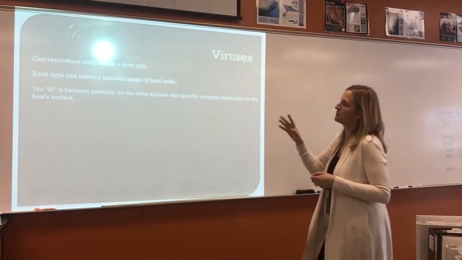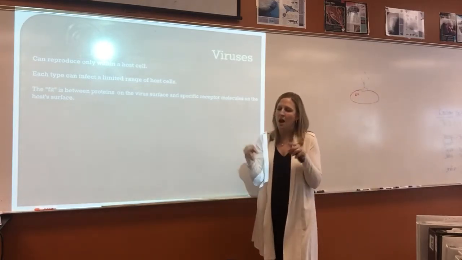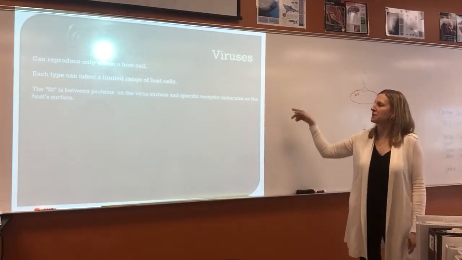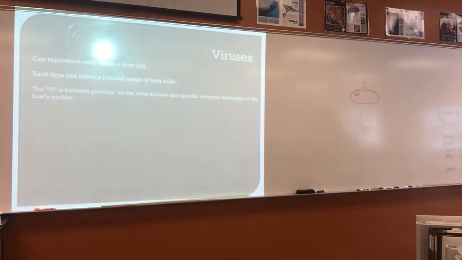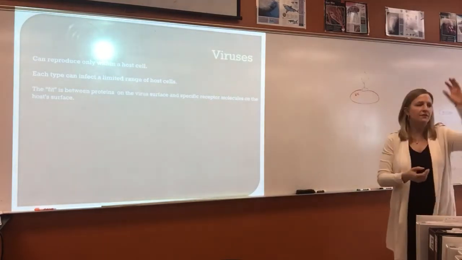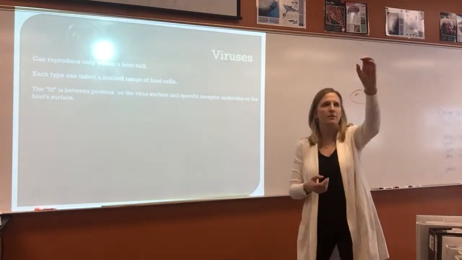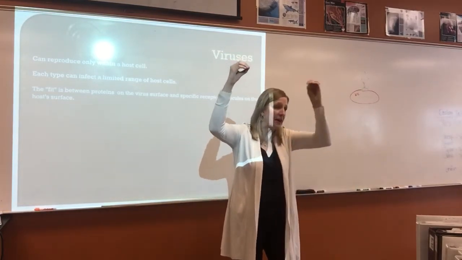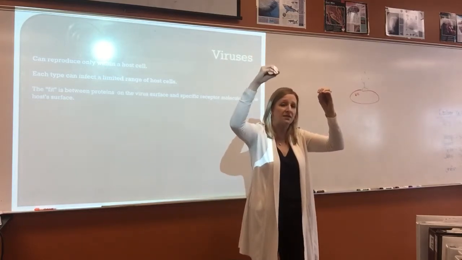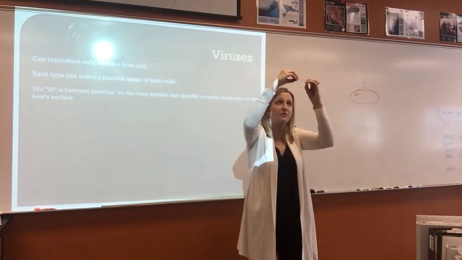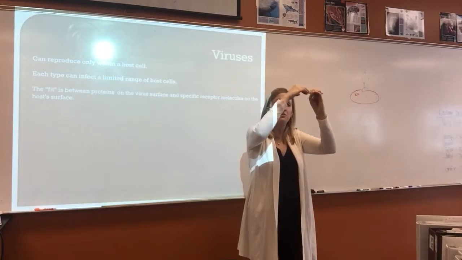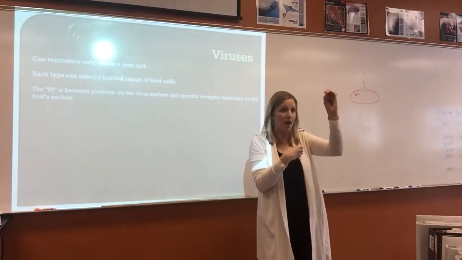Why can it infect just a limited range of host cells? It has to do with the fit of the proteins on the virus surface and specific receptor molecules on the host surface. If you have a cell and a virus, what makes the virus able to infect the cell is that the proteins on the surface of the virus fit the receptor proteins on the cell. If the virus matches, it can inject its genetic material and use it to make new viruses.